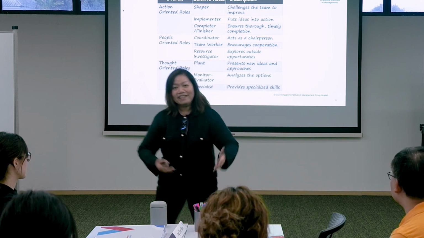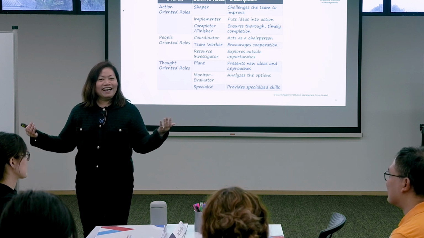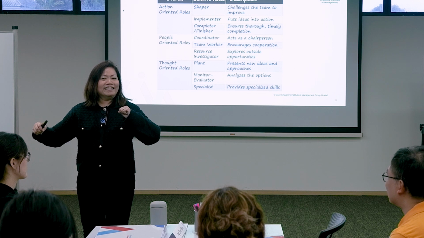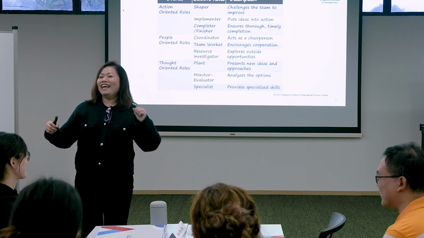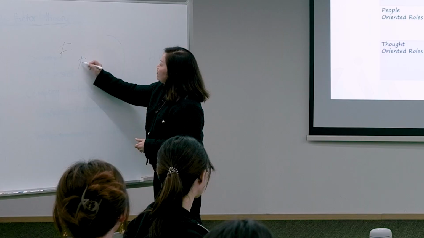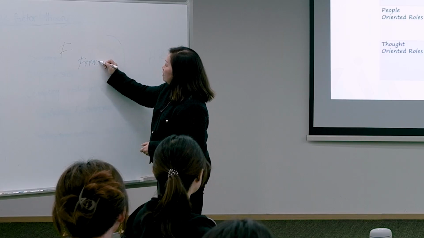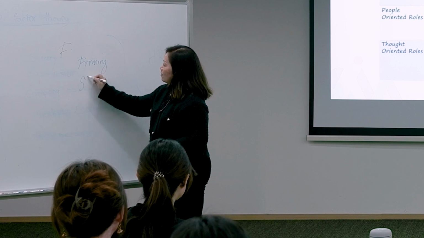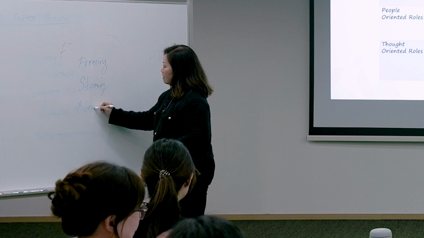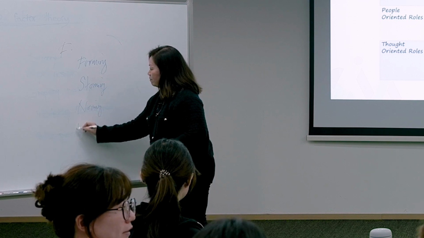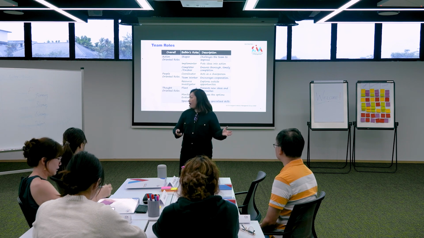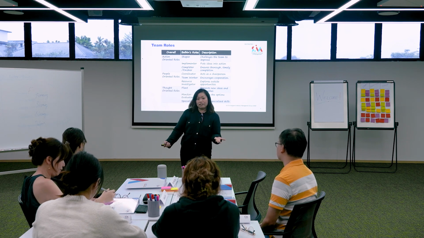And then finally, after they have normed, then they are able to perform. All right, so these are the 4 stages: forming, storming, norming, and performing. Looking at these 4 stages, all teams can go through different stages, and can be at different stages.